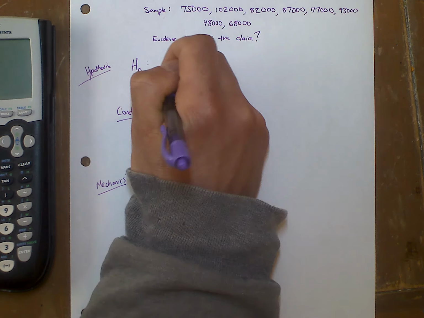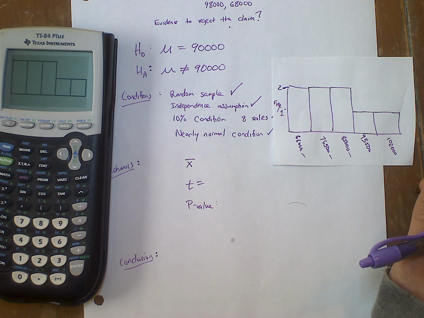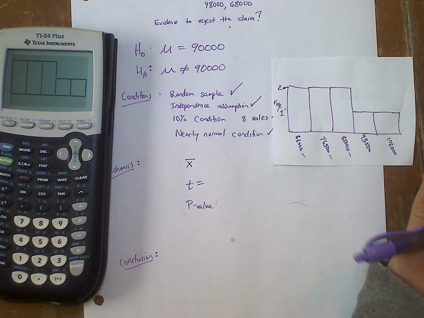So I'm not saying it's normal. I'm just going to say that it's nearly normal. It's meeting the nearly normal condition. And my evidence is I'm going to sketch a histogram that shows that the distribution of numbers is nearly normal. It's random, it's independent, it's small enough where it passes the 10% condition, and the sample size is not large enough to use the CLT, but the actual histogram looks nearly normal enough.